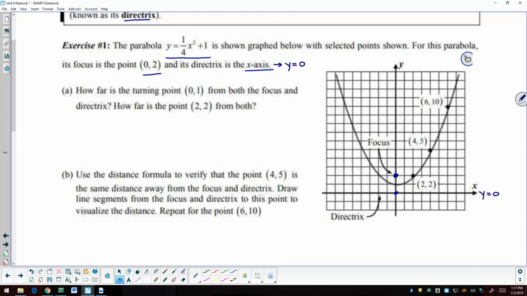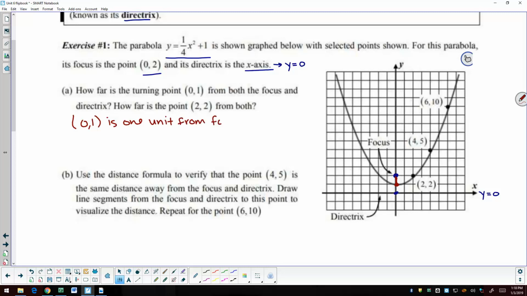Okay, so the first part says, how far is the turning point 0, 1? I'll do it in red, so it's a different color than the focus and the directrix. How far away is that point from the focus and from the directrix? Well, this is a nice point they asked you to work with because it is vertically right below the focus, so I can just count how far away it is. So 0, 1 is 1 unit away from the focus.